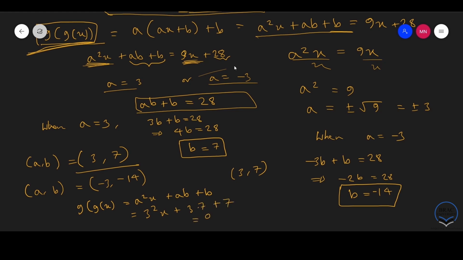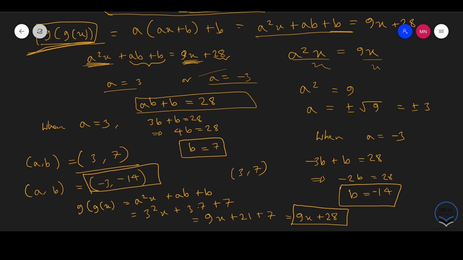This gives us 9x plus 21 plus 7, which is just equal to 9x plus 28. So we have obtained 9x plus 28, which was given in the question. We can do the same thing for the other pair, and you can try this yourself.